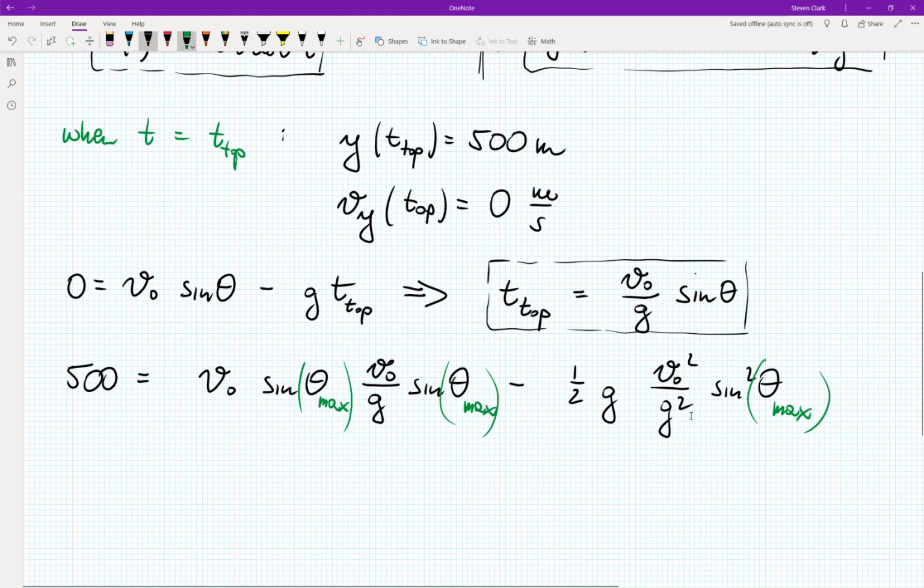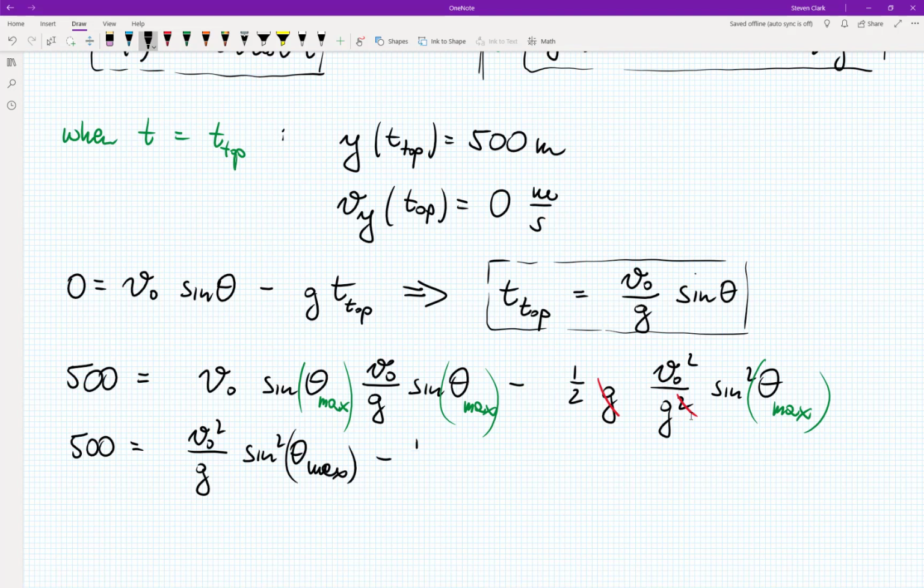Yes, we can. I think that this g simplifies with this one, and there will be some V0 squares. So I can write 500 equal to V0 squared divided by g sine squared theta max, minus 1/2 of V0 squared divided by g sine squared theta max.